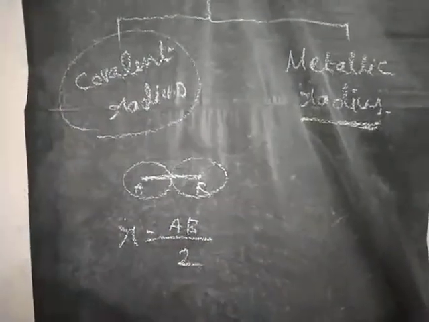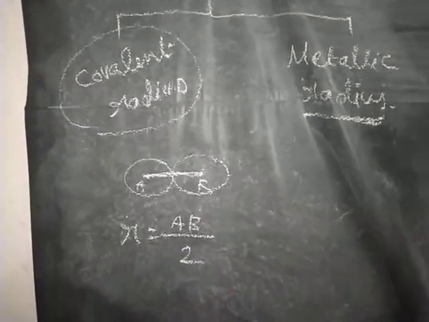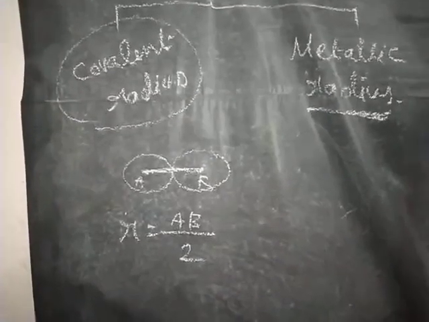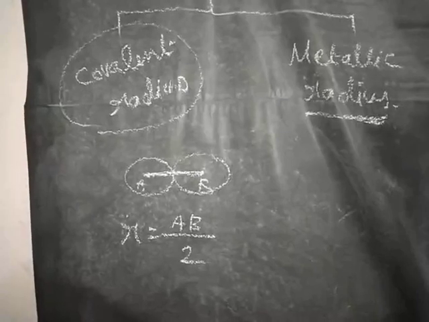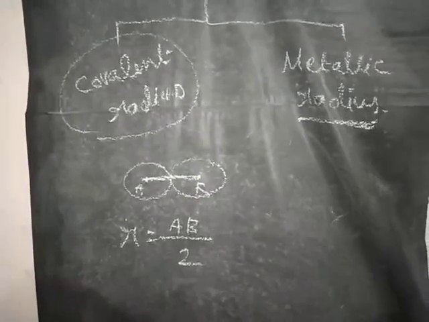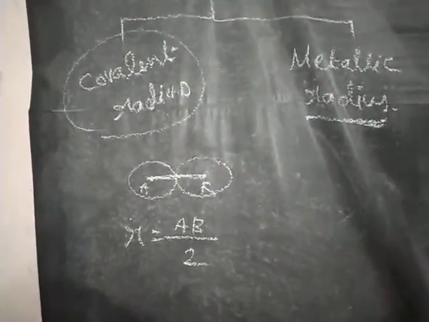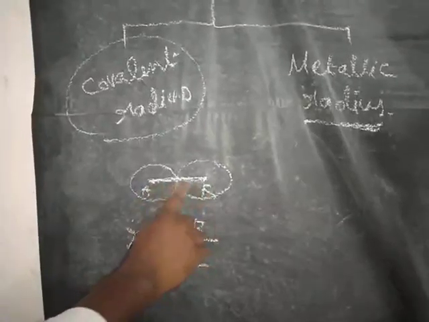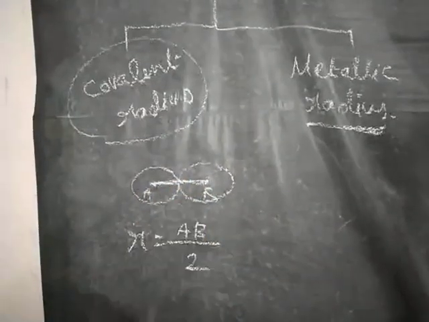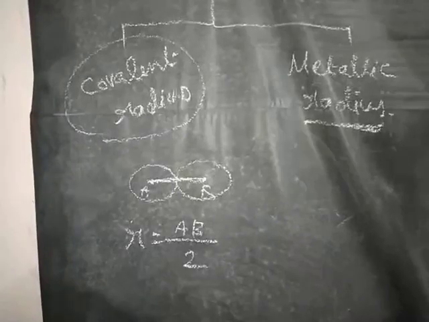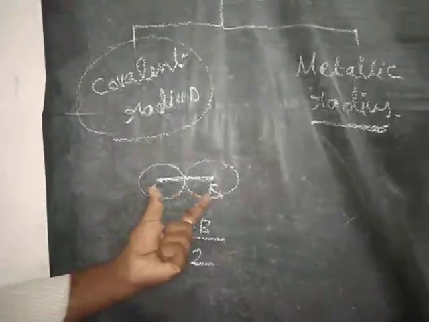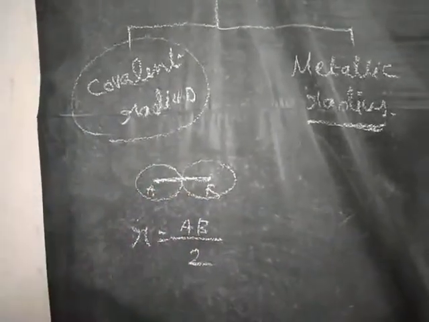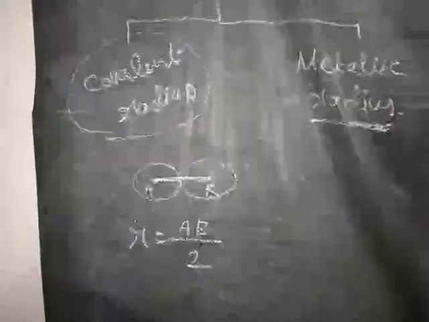How to define it? It is defined as half of the distance between the nuclei of adjacent metal atoms. That is called metallic radius.